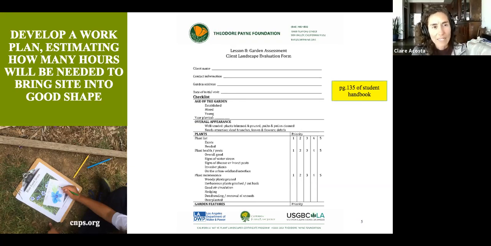Also, I would add nature and beauty. How are these things important to the client? Most people do appreciate that their gardens support and foster wildlife, especially native garden lovers.